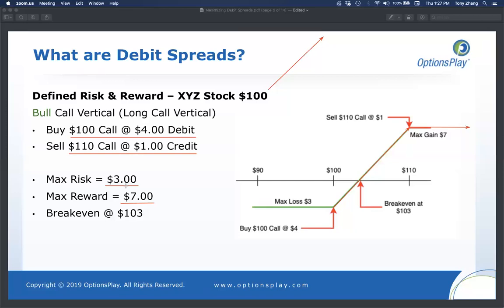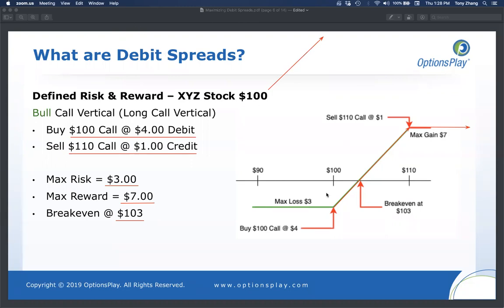So the remaining amount of that spread is my total max reward. Whenever you're trading these debit and vertical spreads, you're always playing the size between the two strikes. So if the distance between those two strikes is $10, whatever your max risk is, the remaining is your max reward. What this does is bring your break-even price down to 103, because you're only paying $3 for this instead of $4.